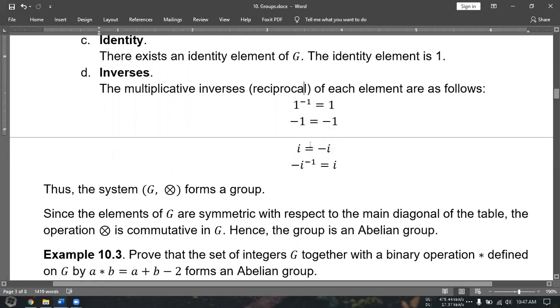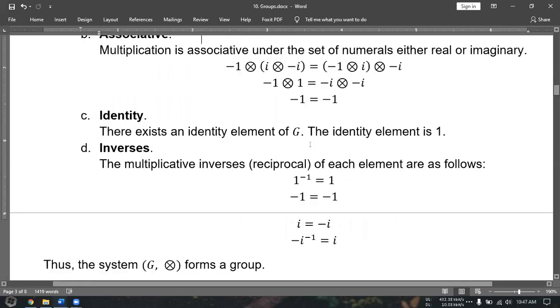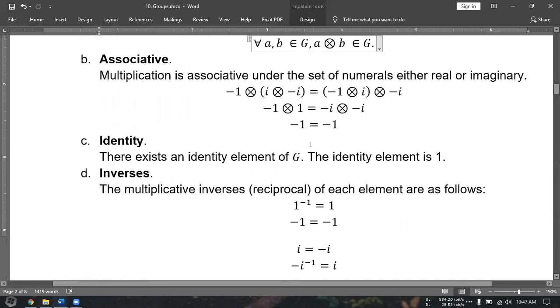So we have verified that the system is a group. This time, let us test the commutative property on the same group.